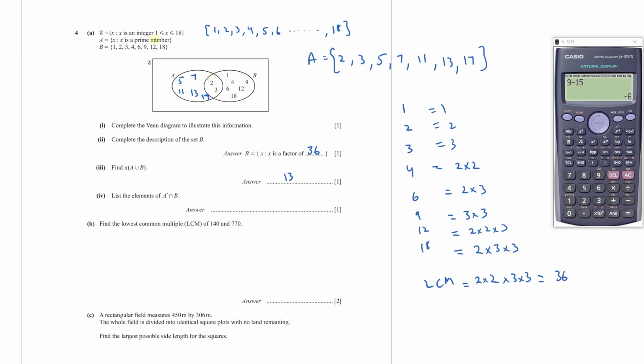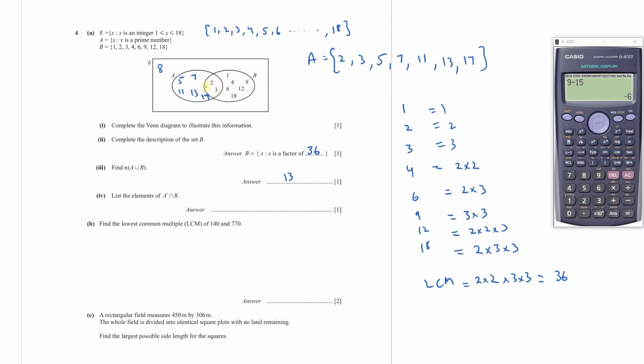So let's look at the universal set. 1 is present here, 2 is here, 3 is here, 4 is here, 5, 6 is also present, 7 is also present. Do I have 8 here? 8 is not present, so I have 8 outside.